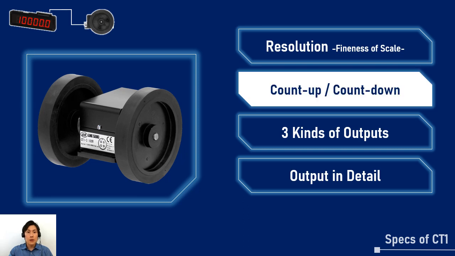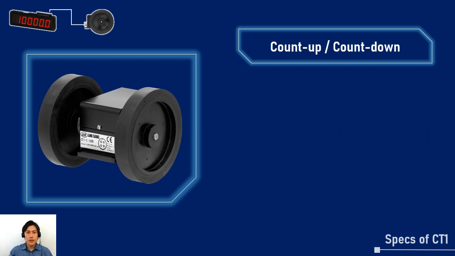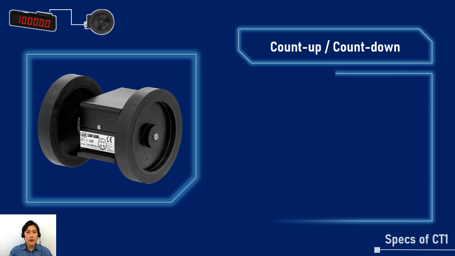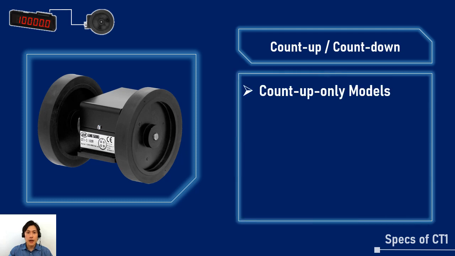So the next item is this one, count up, count down. Probably the title doesn't make any sense, but let's move on. CT1 series has 2 kinds of models, count up only models and count up and down models. First, let's check the count up only models.